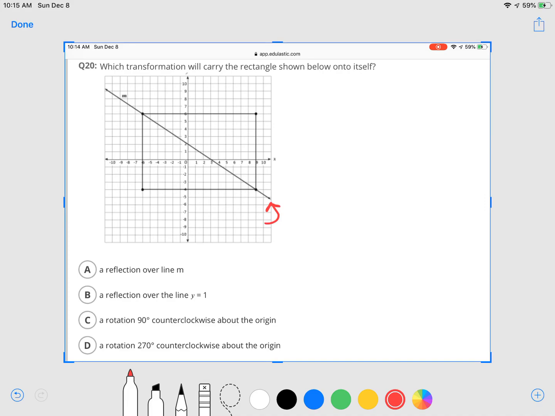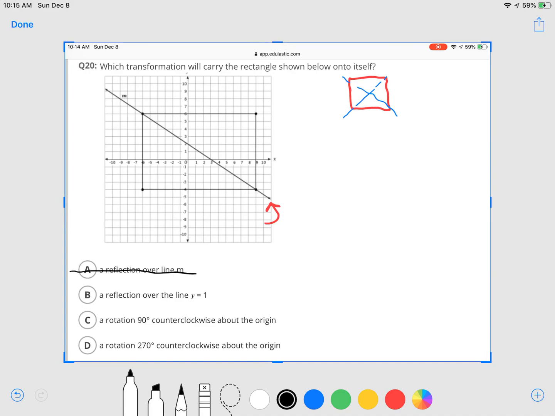Remember, it does work for a rhombus, and it does work for a square, but it doesn't work for rectangles. This would be a square. If it was a square, the diagonals definitely work. Okay, and for a rhombus also, but not for rectangles. So a reflection over line M for option A, that doesn't work.